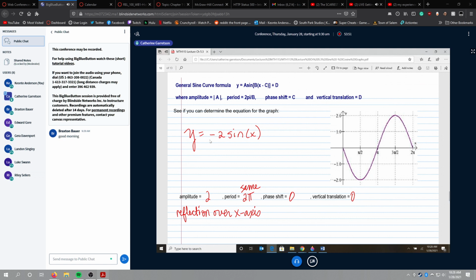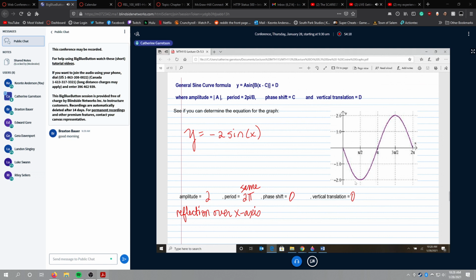But the negative did something. What does the negative do? It causes a reflection. And the positive number, if you take the absolute value of it, gives you your new amplitude. So what this graph did is the negative reflected it over the x-axis, so it goes down and then up, the reverse of what it normally does.